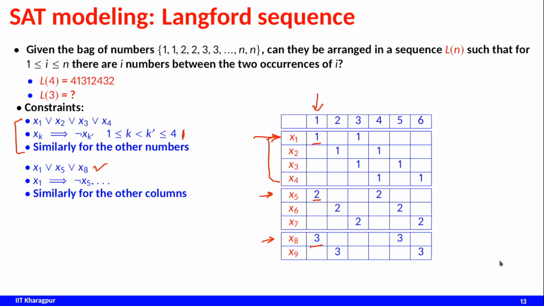And again, if 1 is true, then x5 cannot be true, so we have to add those constraints. For every column we have to write this kind of constraint, and once we write them we can give them to the SAT solver and figure out a solution, and that will generate the actual sequence for me.